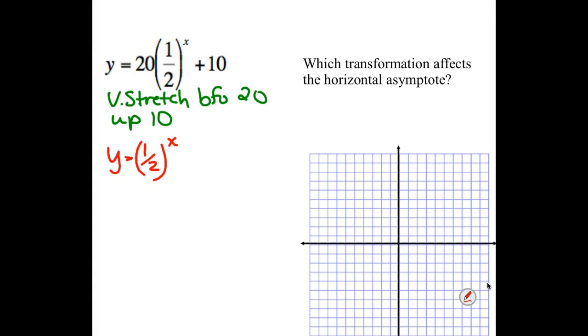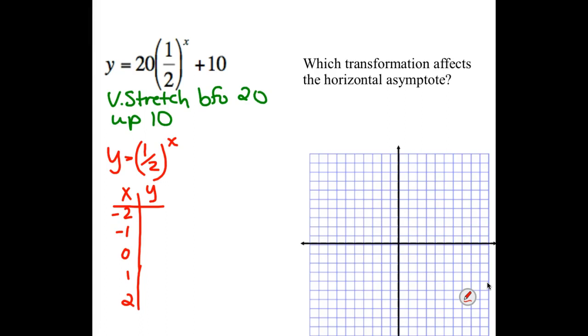What shape will this be? It's decay, right? It's going to start high and come down. Okay, let's make a table. What happens when we take 1/2 to a -2 power?